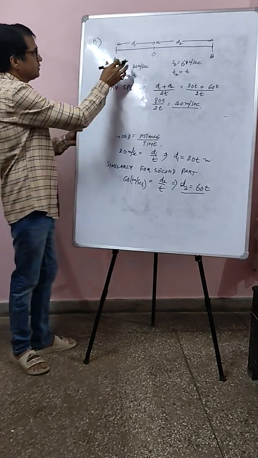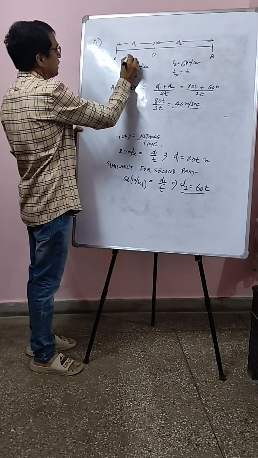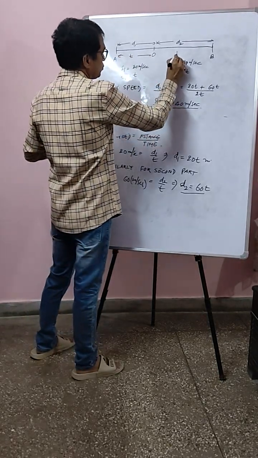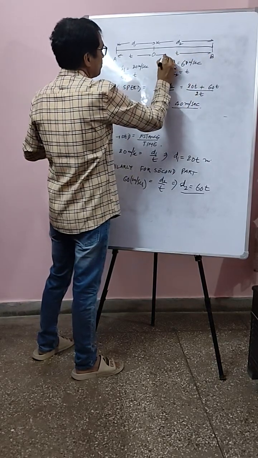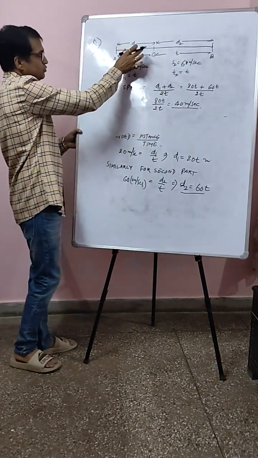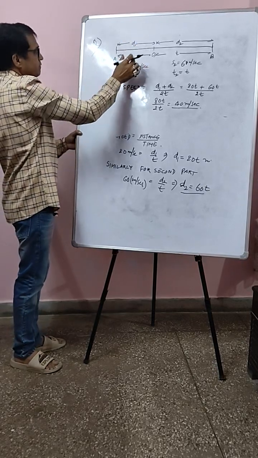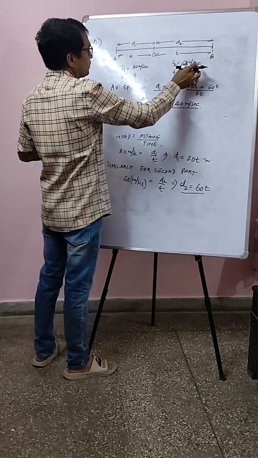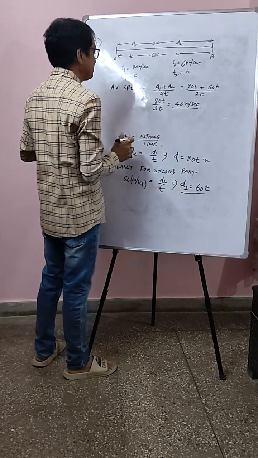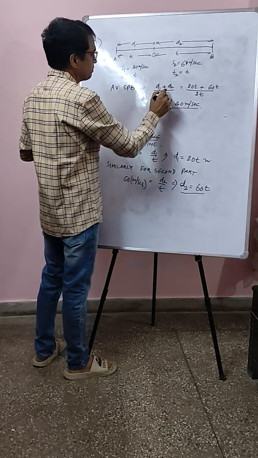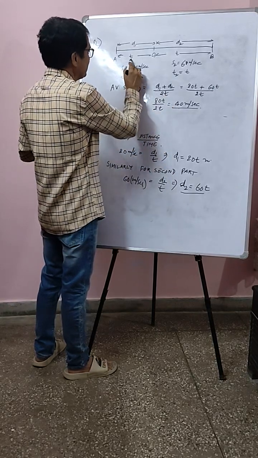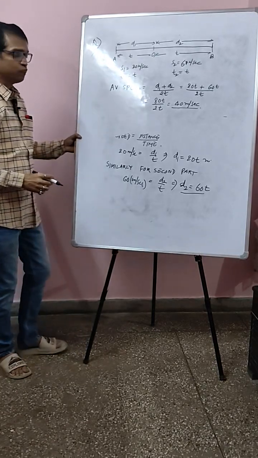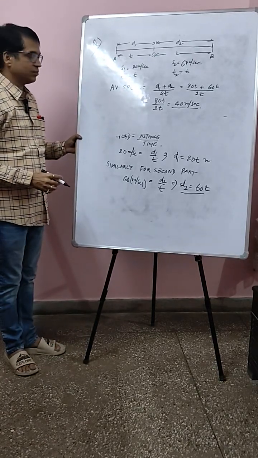What we did is find, for the time interval T, how much distance D1 you cover in time T when the speed is 20 meter per second, and how much distance D2 you cover in time T when the speed is 60 meter per second. We put average speed equals D1 plus D2 over total time taken, which is twice T. So we get average speed equals 40 meter per second.